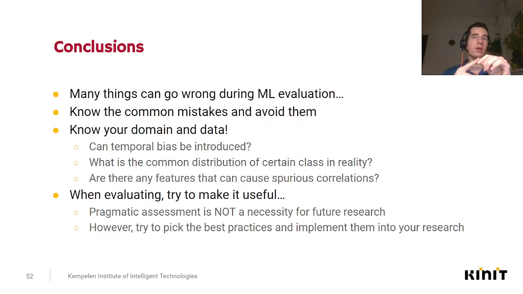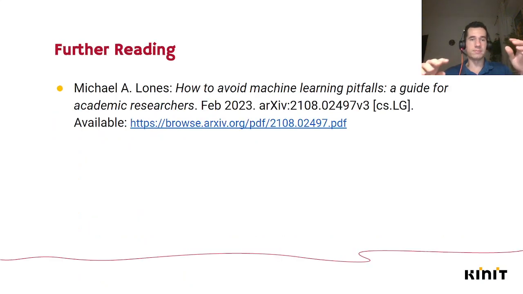Yeah, reporting hardware, reporting runtimes, varying data, and so on, doing multiple trials. Try to make our evaluations useful. And so that's it. If you were interested in some more pitfalls, I found this paper on arXiv, which discusses a superset of what we discussed today.